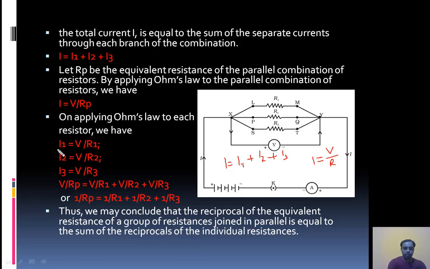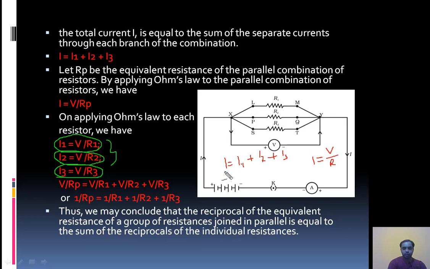So I1 will be equal to V divided by R1. You can see here, I1 is equal to V divided by R1, I2 is equal to V divided by R2, I3 will be equal to V divided by R3. This is the value of current with respect to Ohm's law.